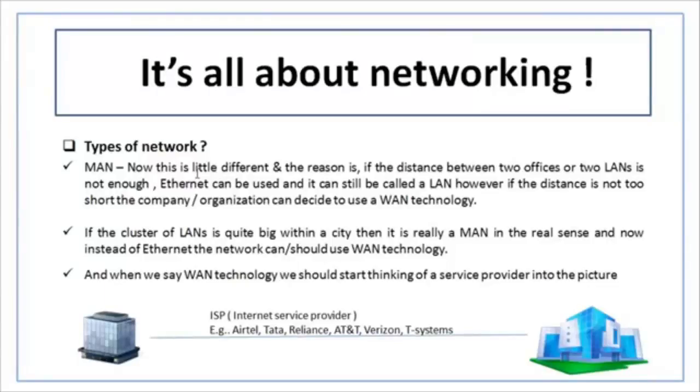So a MAN is a network which spreads over the metropolitan area and can use LAN technology like Ethernet or token ring, or it can use a WAN technology like frame relay or anything like that. We'll talk about the WAN technologies later on.